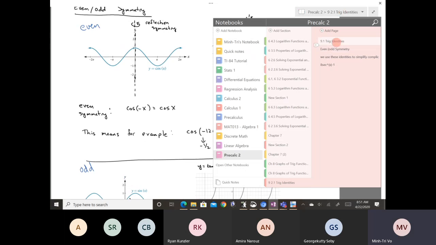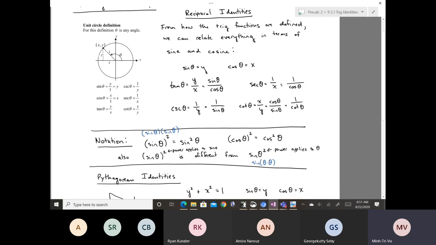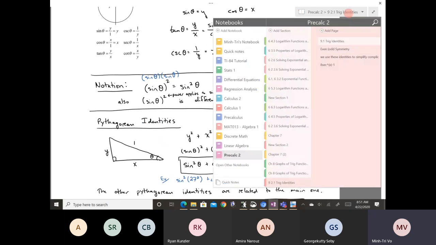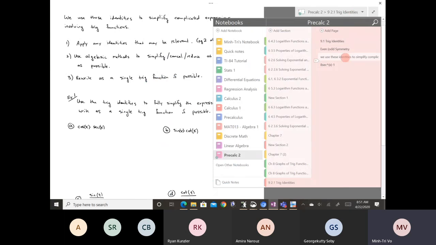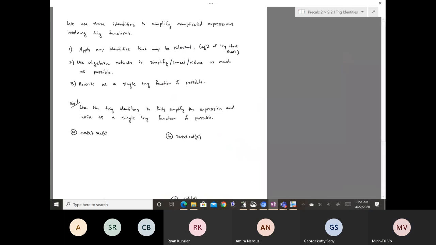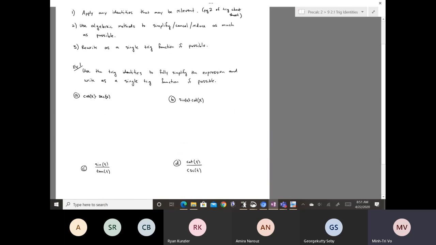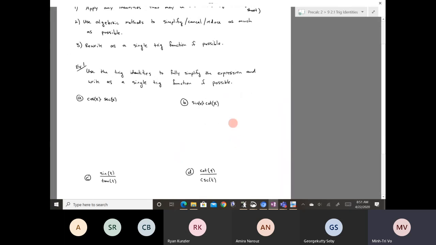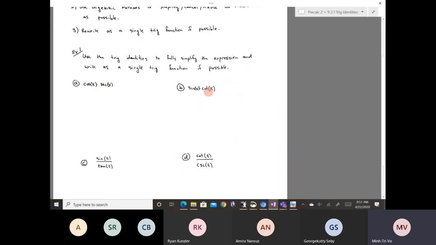So for the purpose of this section, the main identities we want to be familiar with are the identities on the first page here. Okay, so what are we going to use these identities for? We're going to try to simplify complicated trig expressions into simpler things by applying the various identities. You can see here, I've written down a few expressions that have multiple trig functions together.